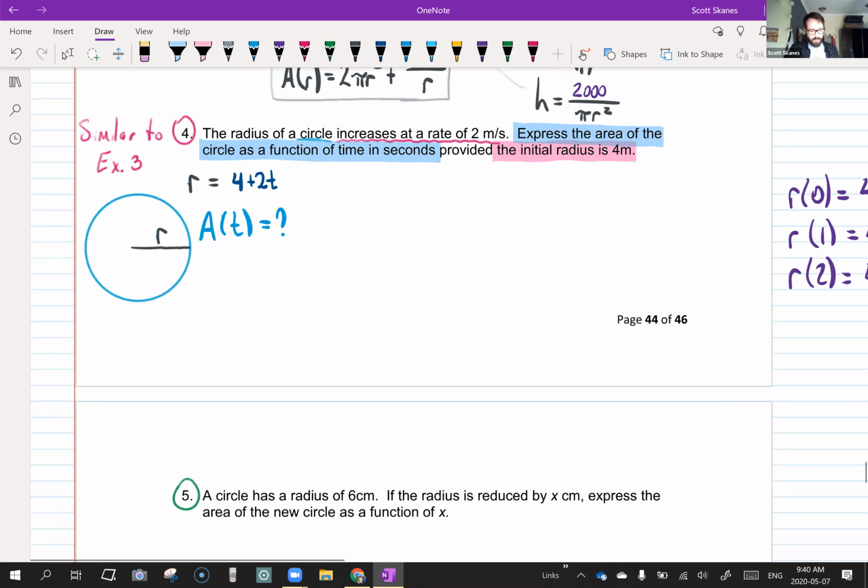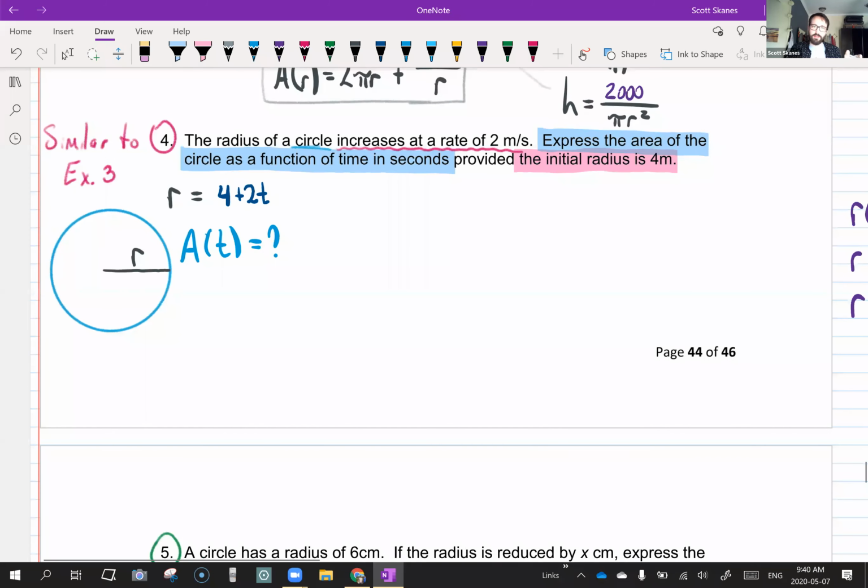Now that I have my radius formula, what am I going to do? I'm going to write down my area formula. That's my primary formula. I'm going to use that radius formula and put it inside the area formula to get our master equation. So first things first, let's write down our area. What's the area of a circle? You should all have that right away.